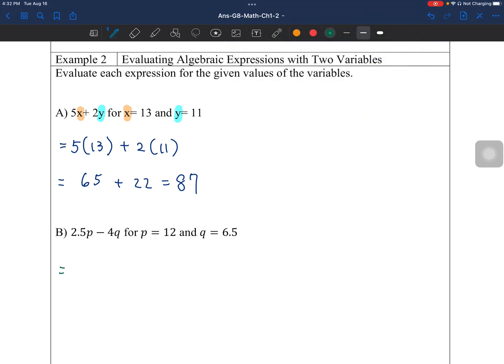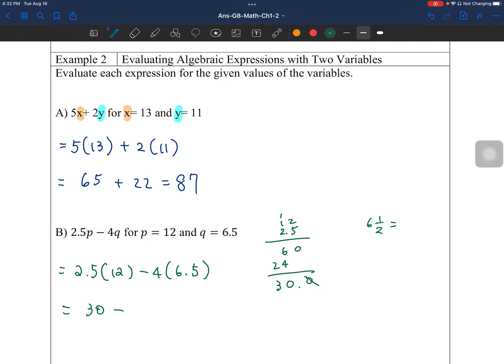The next one, 2.5 times 12 minus 4 times 6.5. So 2.5 times 12 is 30, minus 6.5. For this one I use fractions. The result equals 4.